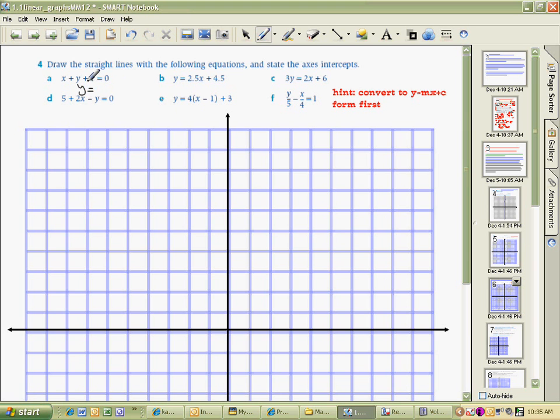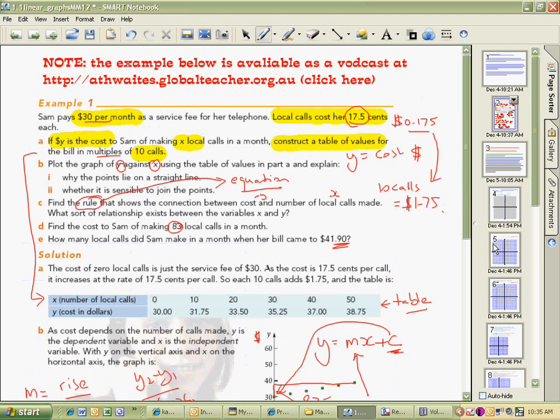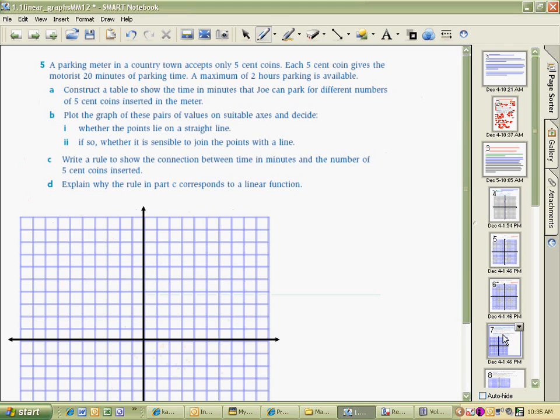Y equals, we've got to get the x over the other side. How do we do that? Take x from both sides, so it becomes a minus x, take 1 away. So we've got a gradient of minus 1 and a y-intercept of minus 1. This is very, very like the example that we did back here. This one here, it's pretty much the same sort of thing, so I'm not going to discuss that any further.